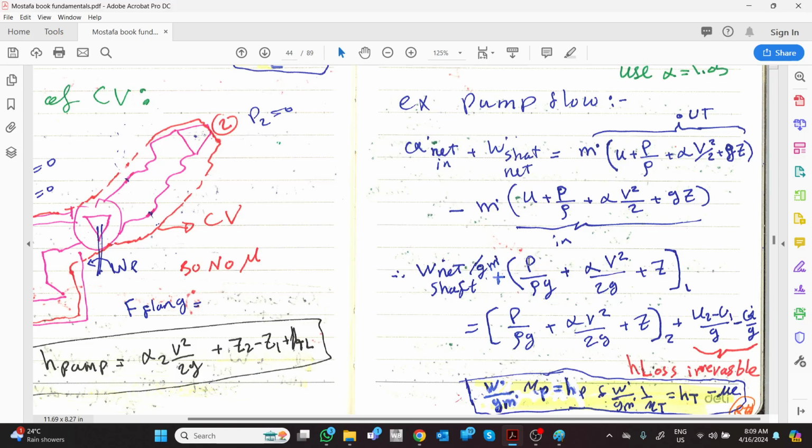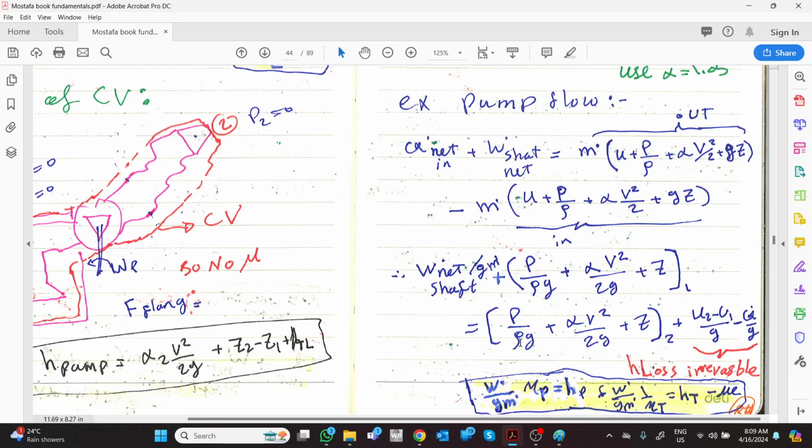Now you got it. P over rho g is a head, and this one is a head, and this one is a head. So I can write head plus head plus head plus head equal head plus head plus head minus head loss. So the head of the pump is equal to the work of the pump multiplied by eta pump.